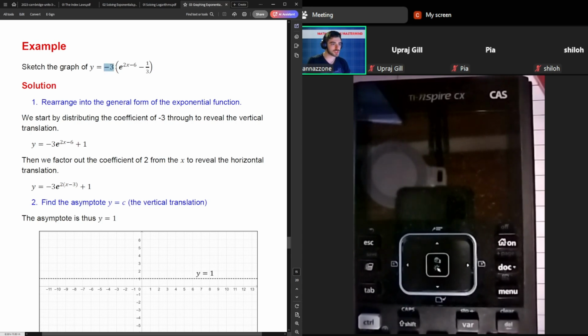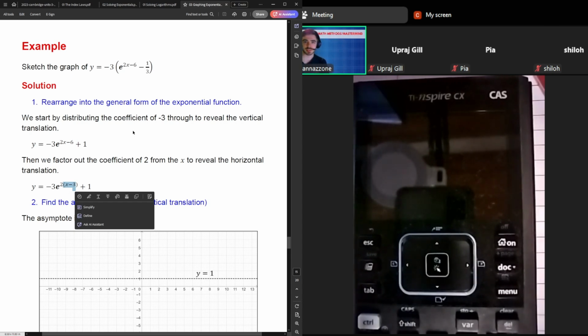One is to distribute this -3 through both sides. So we're going to have -3 on this, and then -3 on this to make it +1. Then from there, the only other thing that's left that you could look at is to take this common factor of 2 off of the x. That way you know for certain that your horizontal translation is 3 to the right.